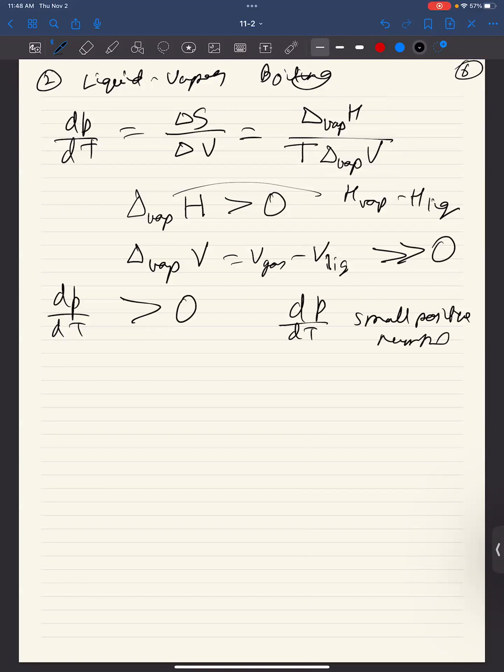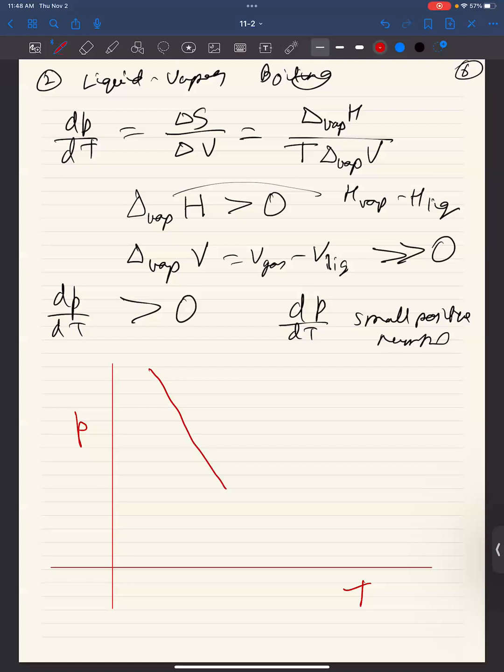So let's go back to the phase diagram we had drawn, and we will keep adding things to it. We had a pressure-temperature phase diagram, in which we drew water, which had a negative slope, and everything else was slightly positive, right? So this was water, and this was not water.